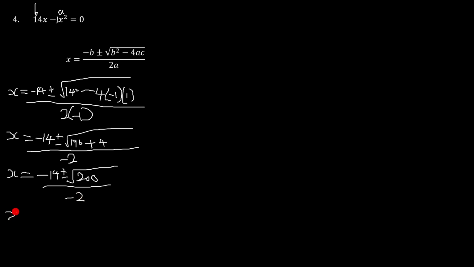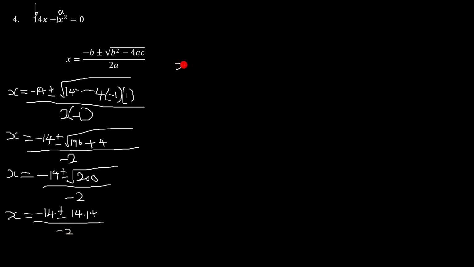So we go here, x is equal to minus 14 plus or minus the root of 200, which would be 14.14, all over minus 2.